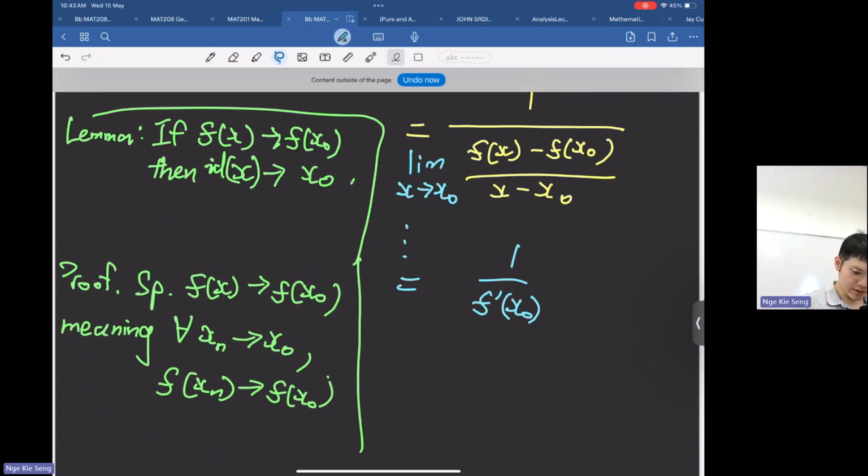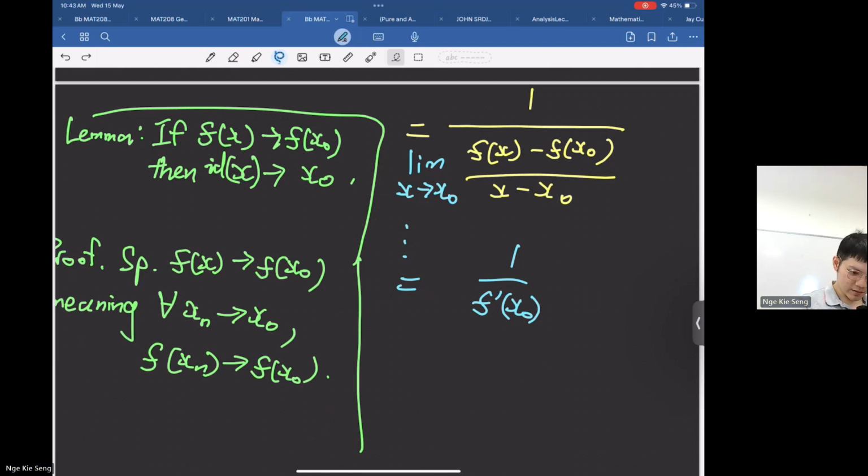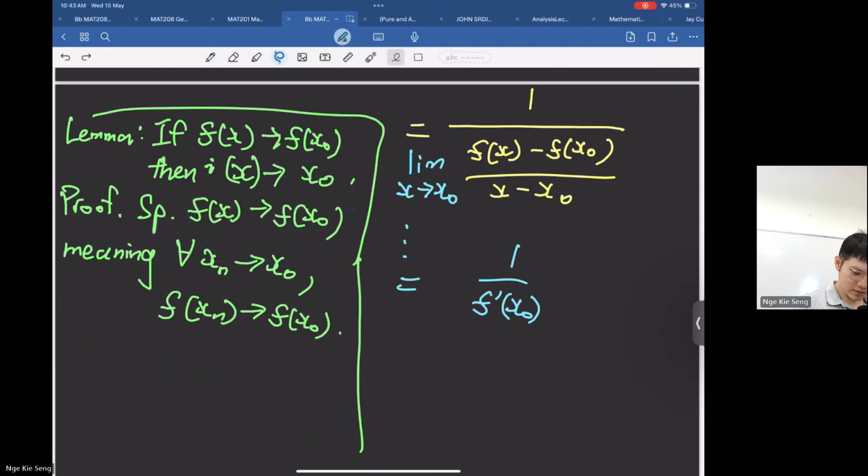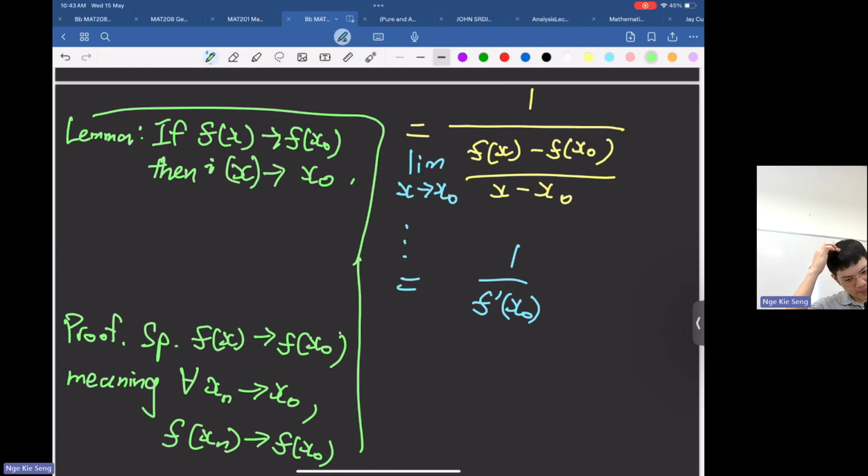Let me rephrase this lemma here. So what do we want to have? We want to prove that, let's see whether we want this or not.